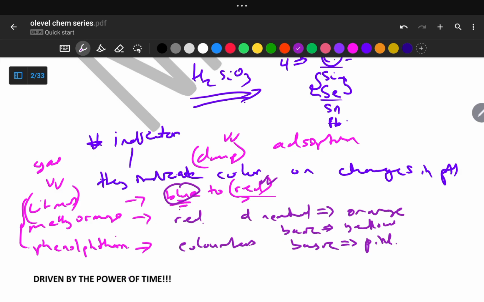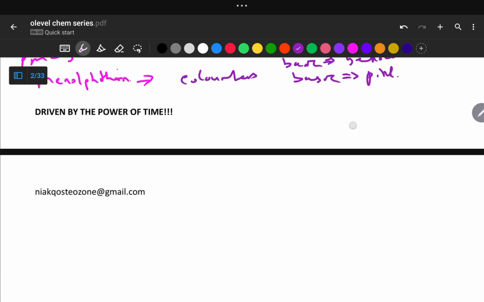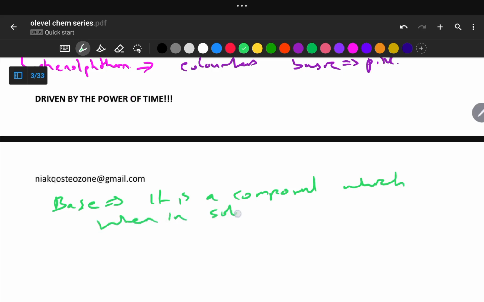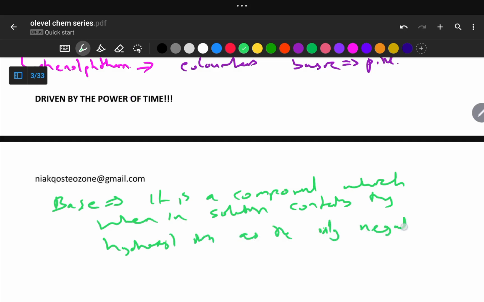And then we go on to the bases, the properties of the bases, right? So a base is defined as a compound which, when in solution, contains the hydroxide ion as the only negatively charged ion, right, when in solution.